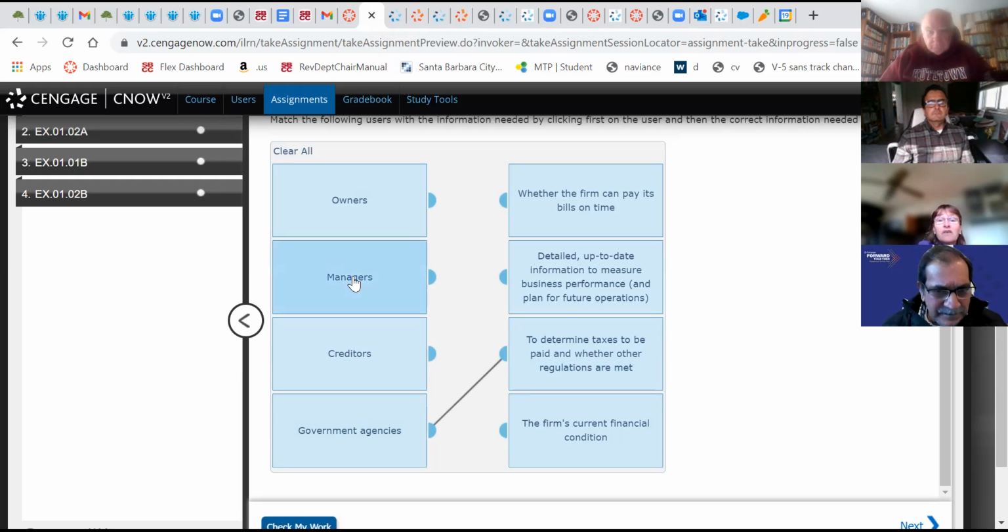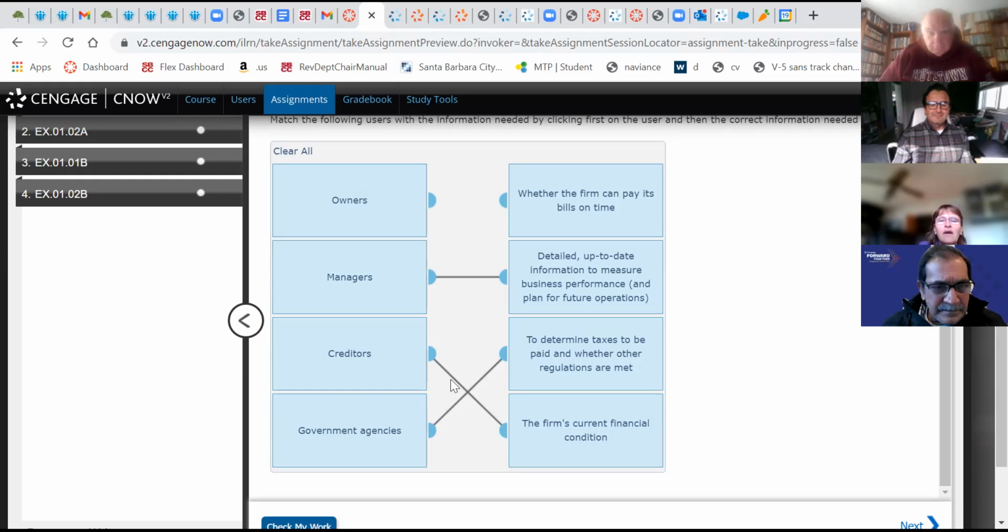Well, managers, guess what? They need the information to manage the business. So I would think they need the detailed stuff. The creditors probably want to know what your current financial condition is, whether the firm can pay its bills.